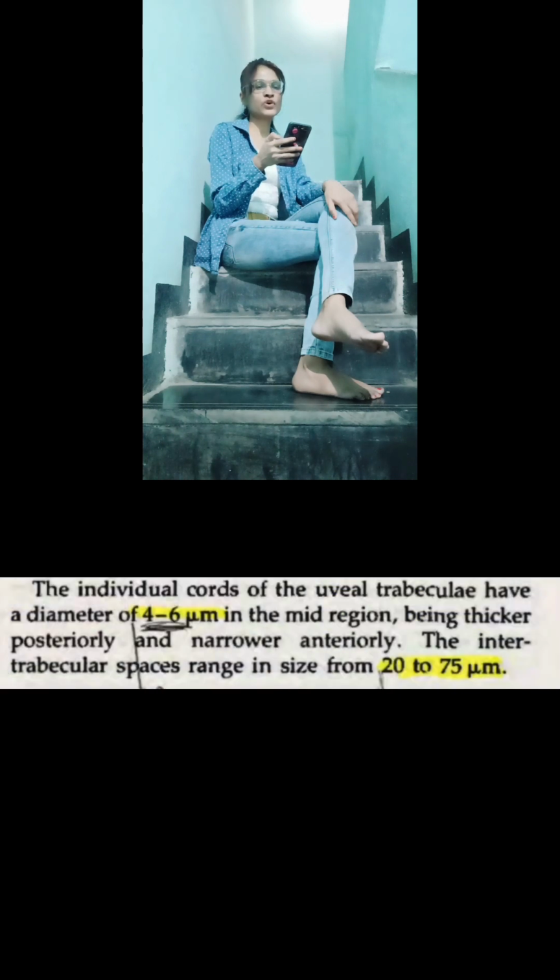The individual cords of the uveal trabeculae have a diameter of 4 to 6 micrometer in the mid-region, being thicker posteriorly and narrower anteriorly. The intertrabecular spaces range in size from 20 to 75 micrometer.